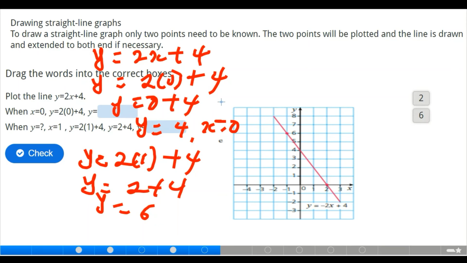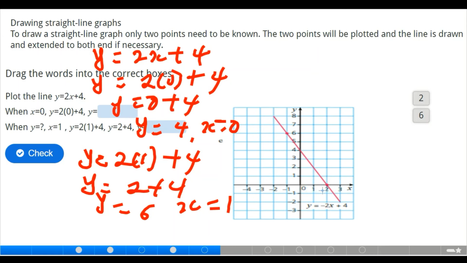Now let's assume that we have a situation where x is 0 and y is 4 for the first answer, and the second answer is telling us that when x is 1, y is 6. So we see the plotting here. We have already written the graph on the negative axis for x and the positive axis of x, the same thing for the positive and negative axis of y, with intervals of 1.